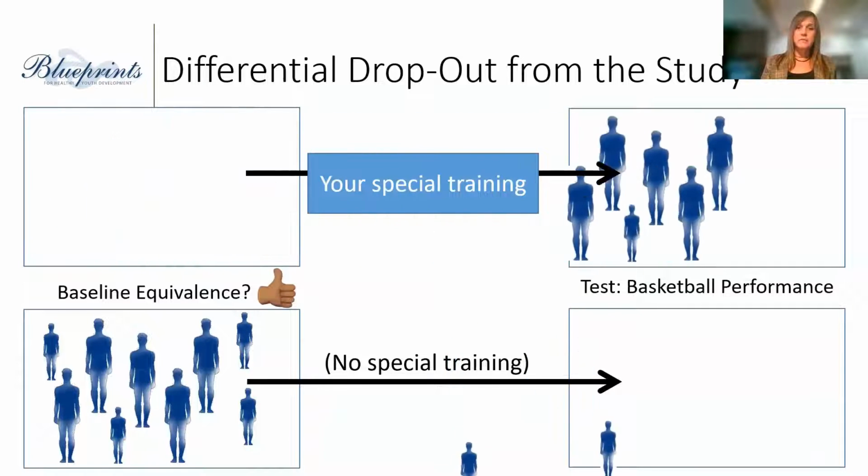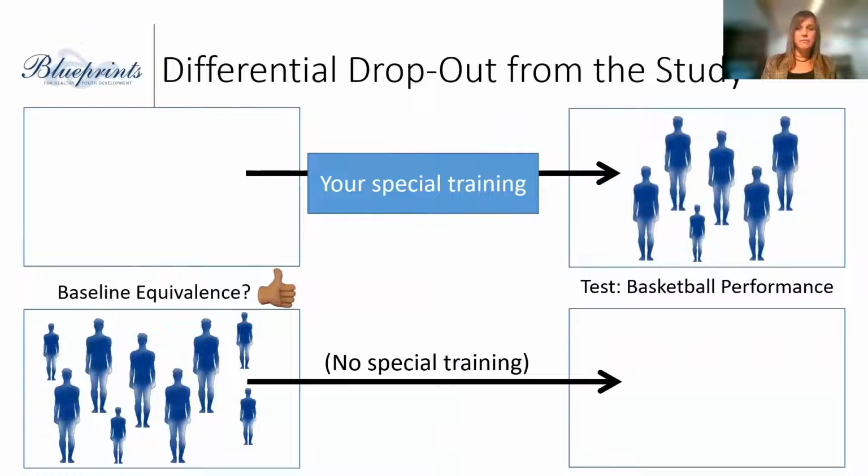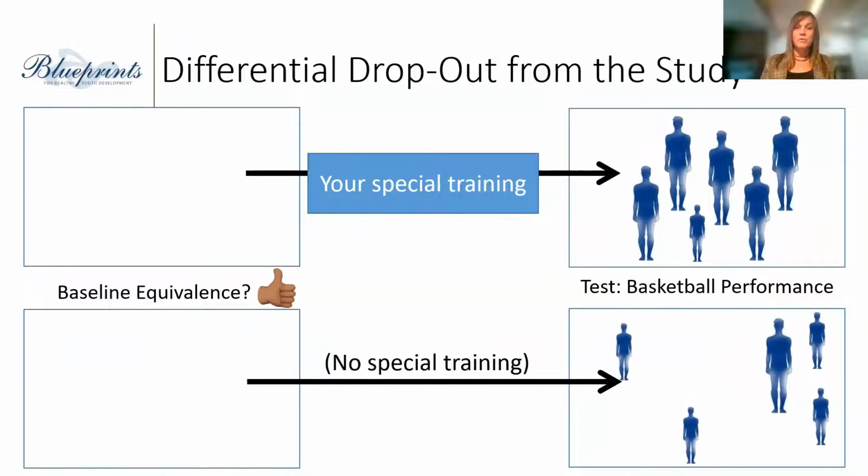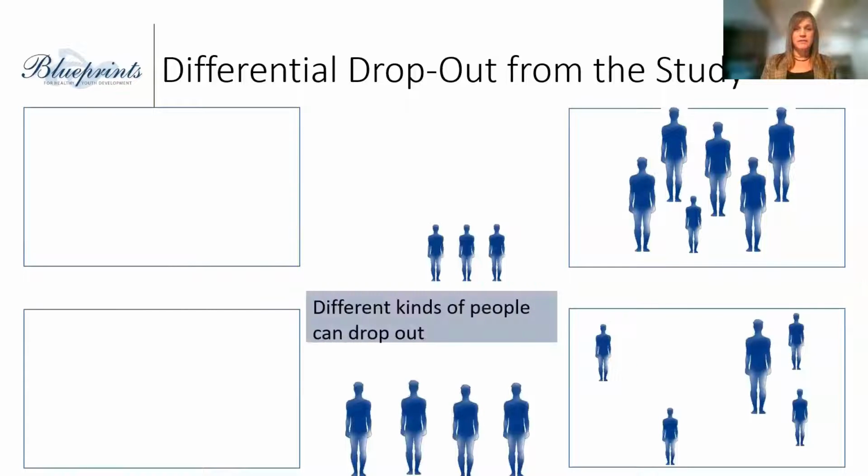Some subjects drop out of Group A from pre-test to post-test, and some drop out of Group B from pre-test to post-test. The issue is if different kinds of people drop out. This being another really obvious example, all the short people dropped out from Group A, whereas all the tall people dropped out from Group B. So the results could have nothing to do with the program. Could just have to do with who you have information on at post-test.